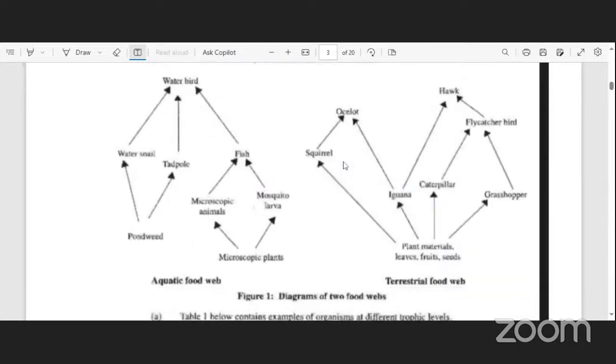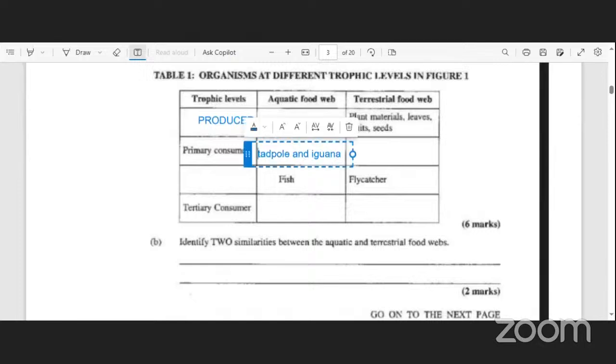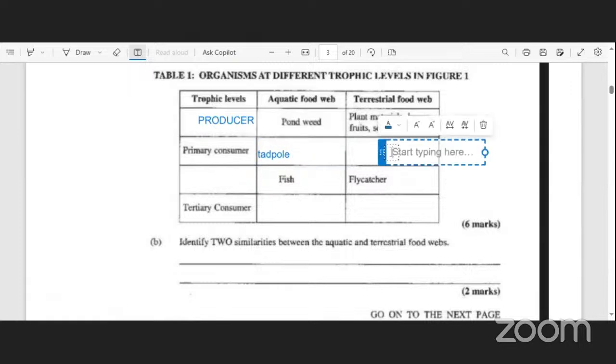So let me go back. Oh, I made a mistake. I'm going to put the two of them one time. Oh my bad, let me remove the iguana. So tadpole for aquatic and iguana for terrestrial. All right.